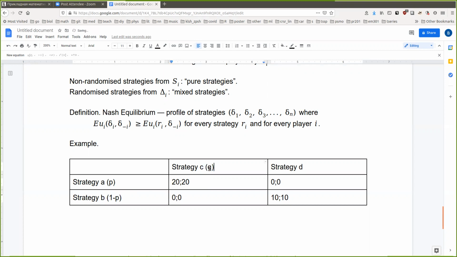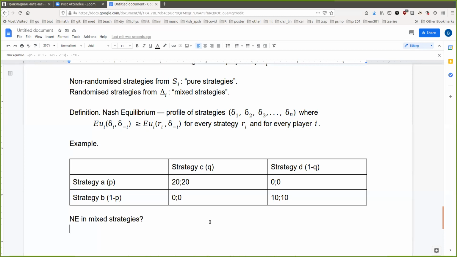The probability is Q, and to not violate the laws of probability, 1 minus Q. And my goal is to find Nash equilibrium or Nash equilibria, maybe there are many, in mixed strategies. So every player can randomize.